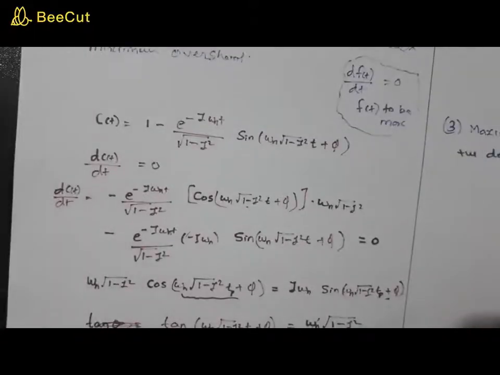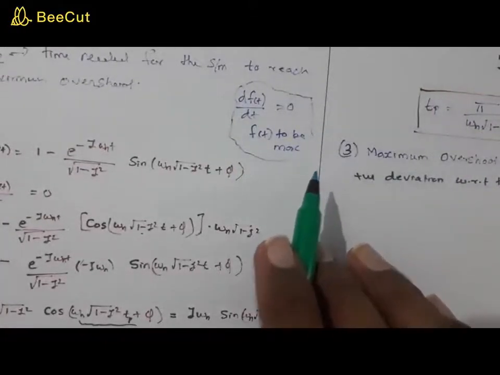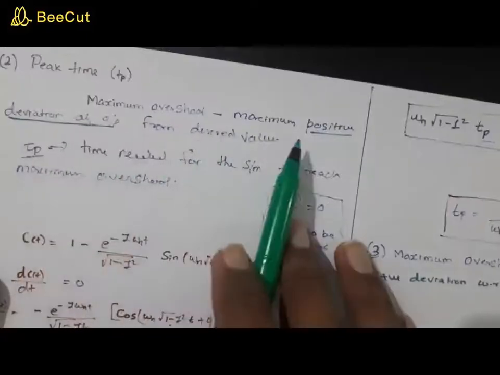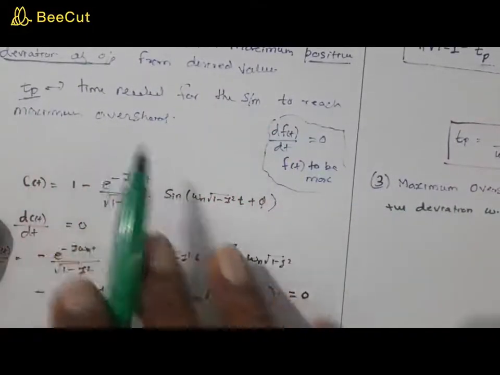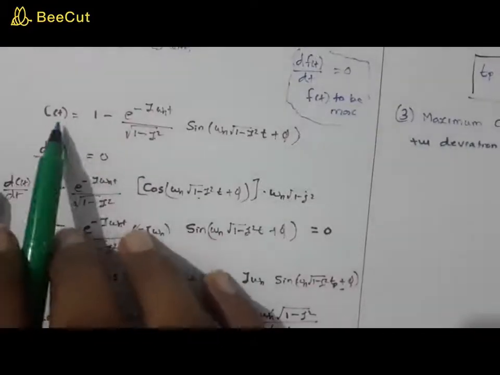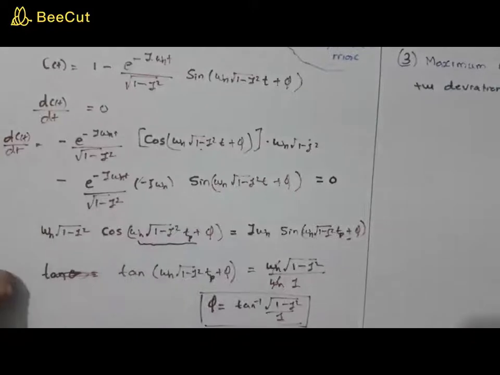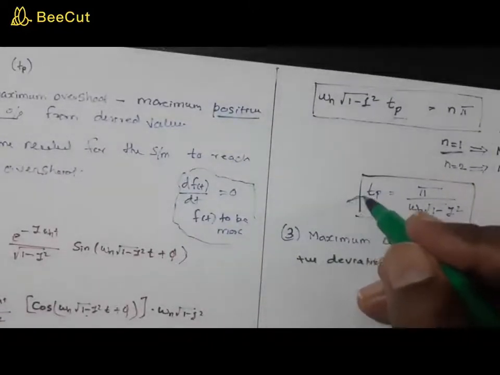Now we have already seen the peak time. The peak time and maximum overshoot have a relation, because peak time is the time needed for the system to reach the maximum overshoot. So how do you find this TP? TP is found by differentiating C of t to a maximum value, and we got a condition for TP. Now what is the meaning of this TP?